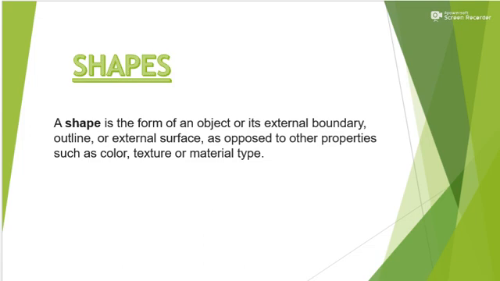Now the next one is shapes. Actually, a shape is a form of an object or its external boundary, outline, or external surface, as opposed to other properties such as color, texture, or material type. If you want to make shapes in your documents, it's more fun.